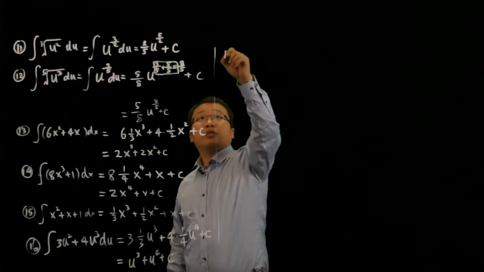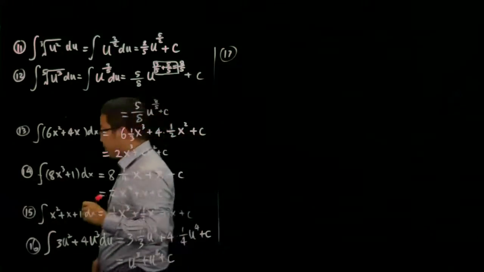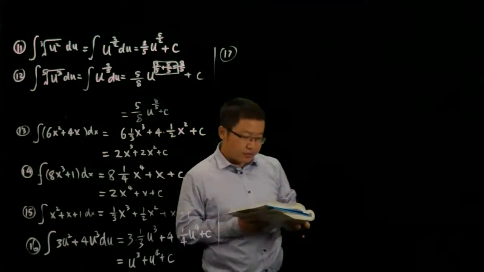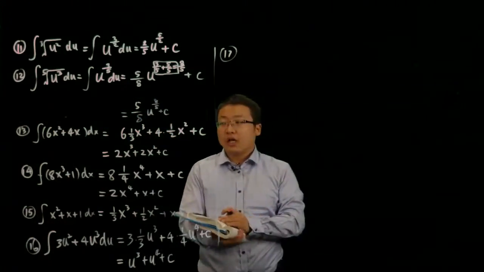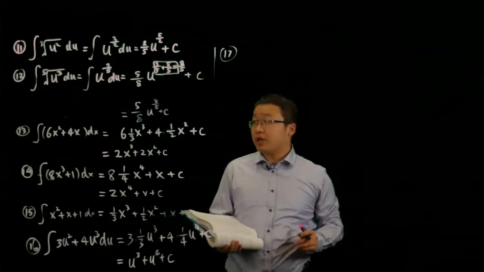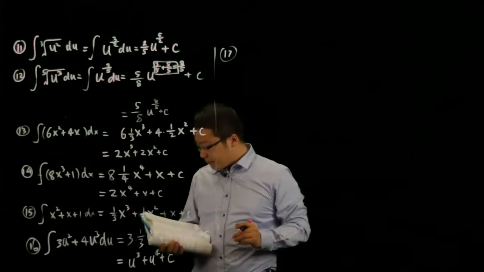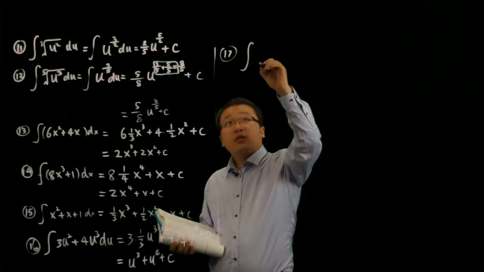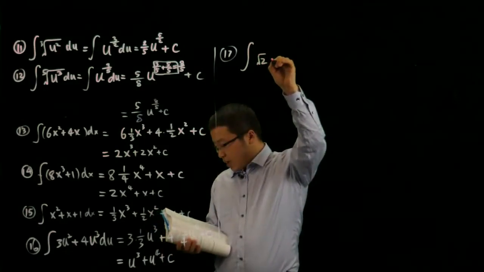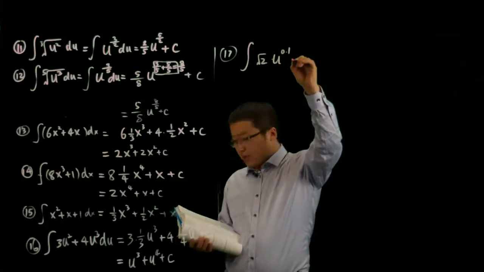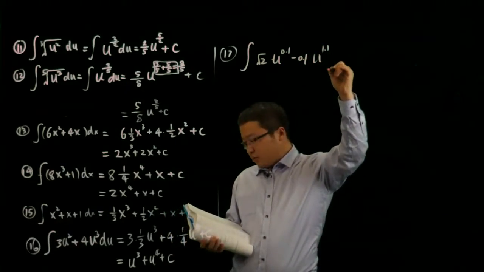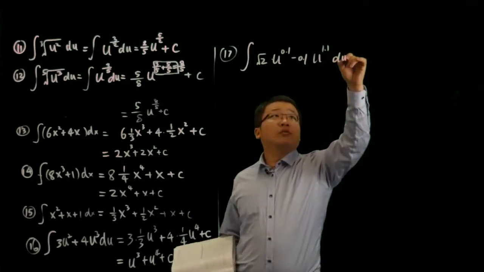Then we'll get to number 17. Starting from 17, the questions sometimes get a little less traditional, not just the plain exponential. Number 17, you're getting the square root of 2 times u to the 0.1 minus 0.1 u to the 1.1 du.